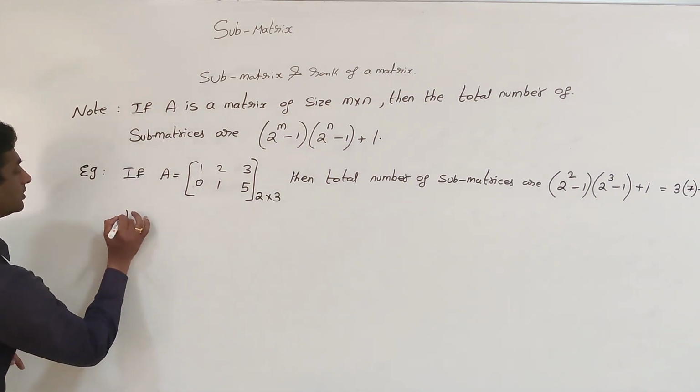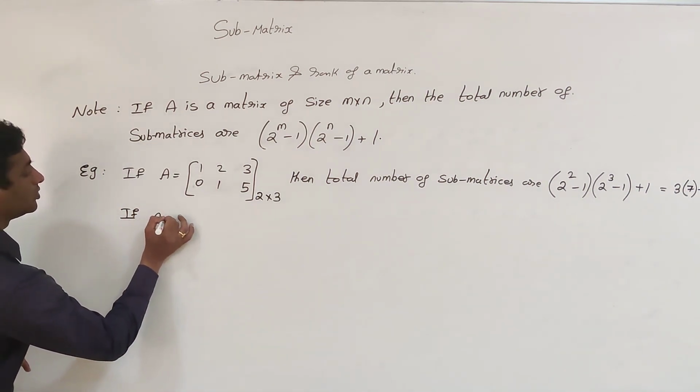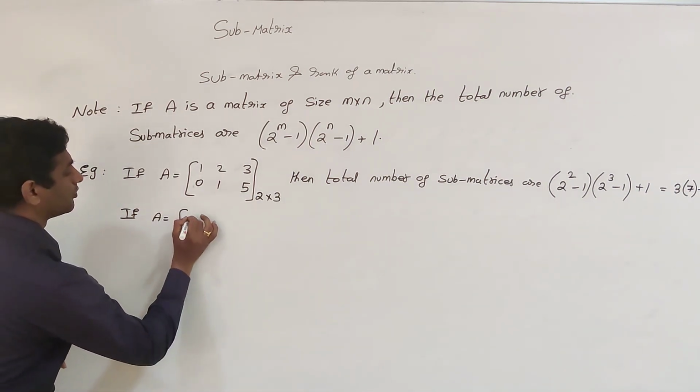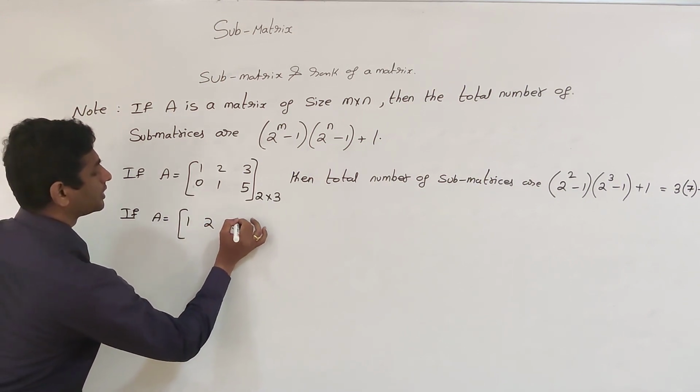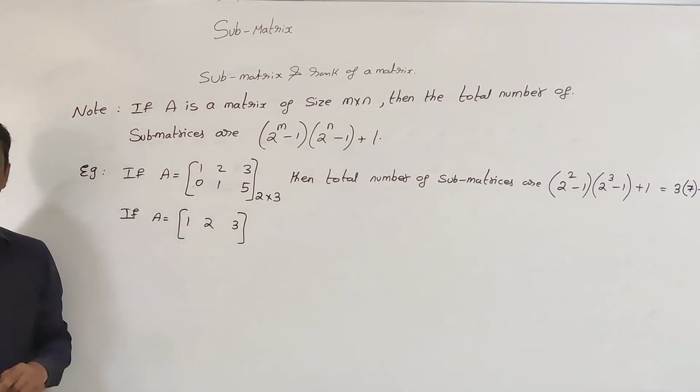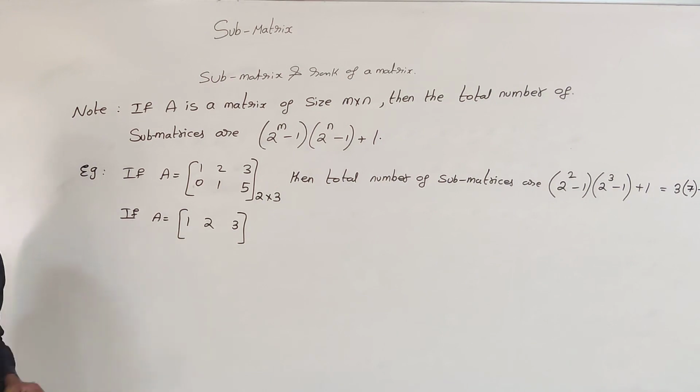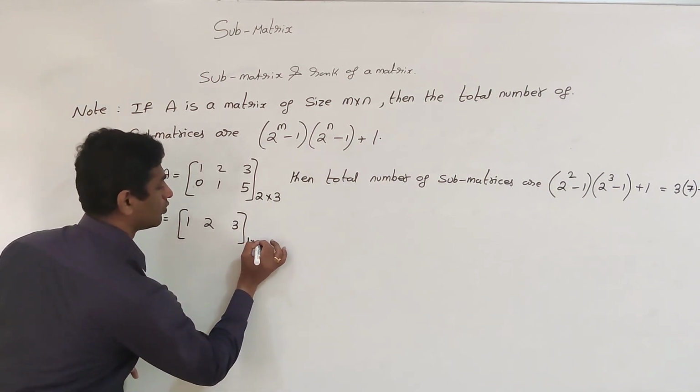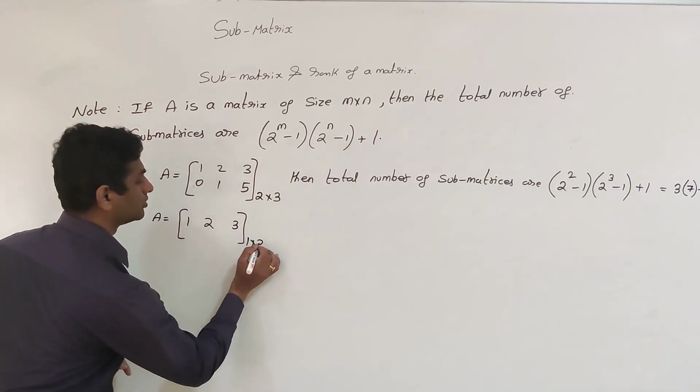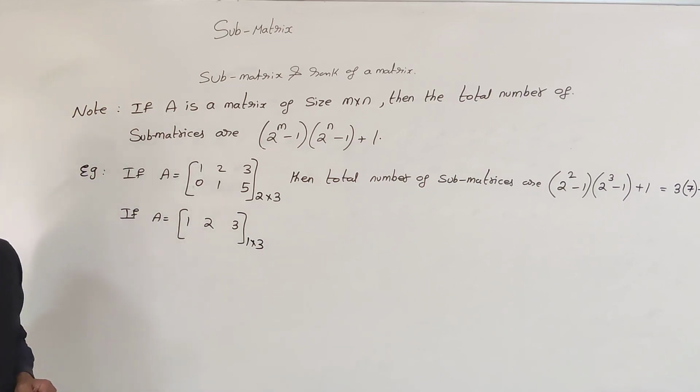One more example. If A is equal to 1, 2, 3. What is the size of this matrix? It is 1 row and 3 columns.